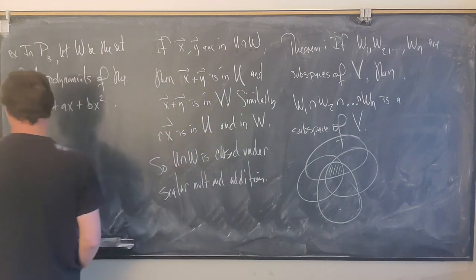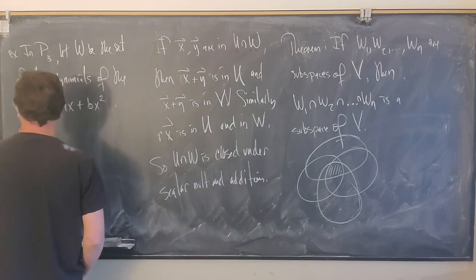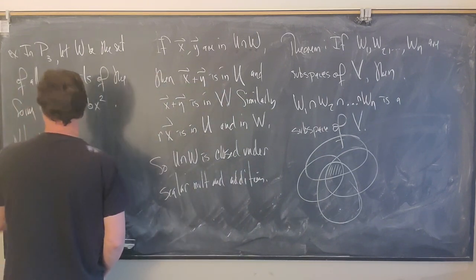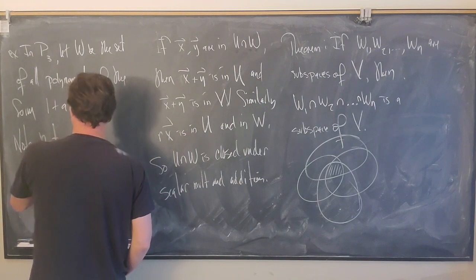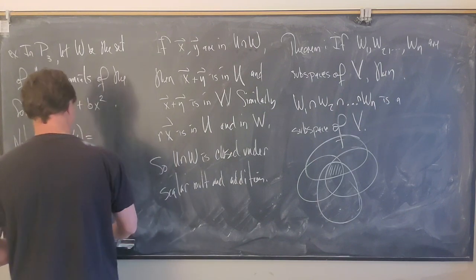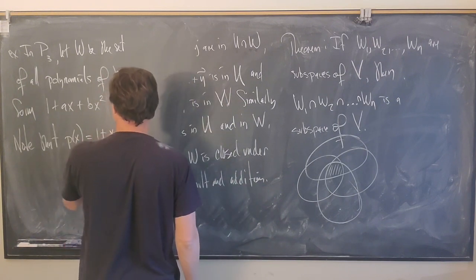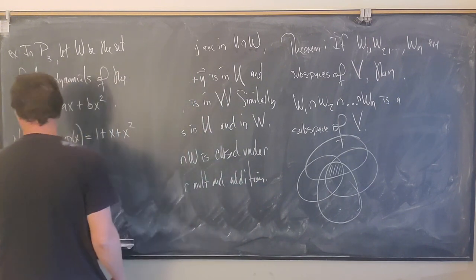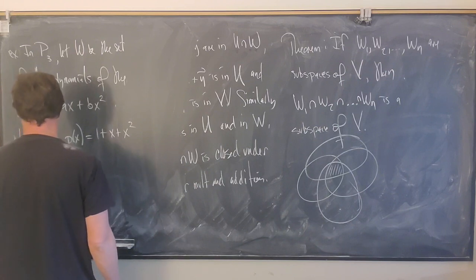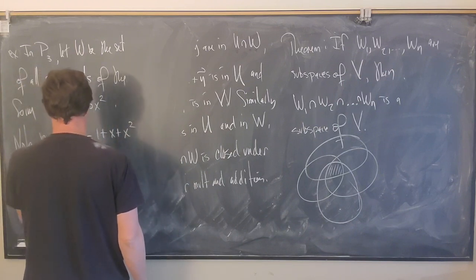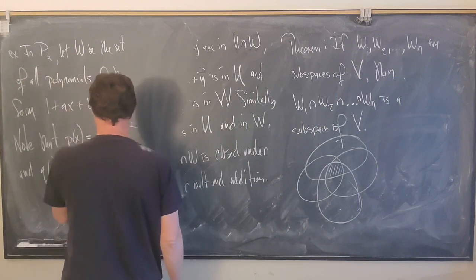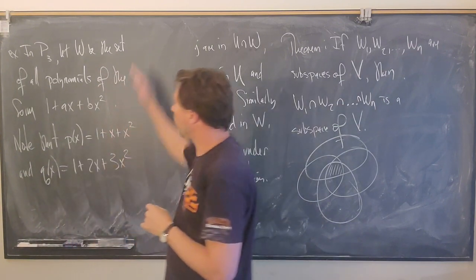So now note that, for example, let's say p of x equals 1 plus x squared, and q of x equal to 1 plus 2x plus 3x squared. Both of these are elements of P3.